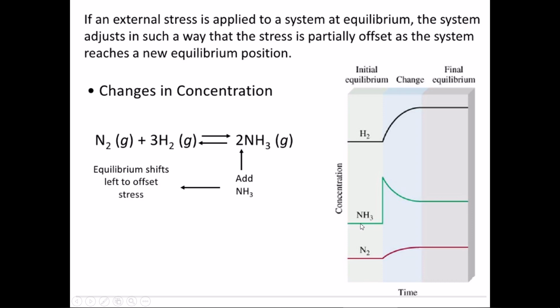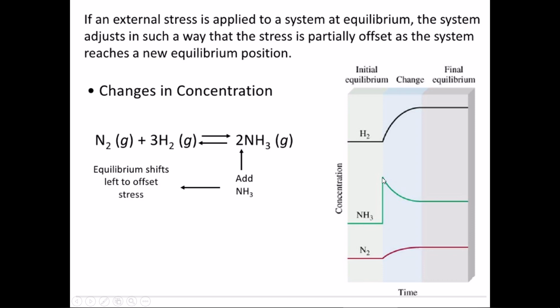So we have constant concentrations while our reactions are at equilibrium. Alright, now we're going to disturb the equilibrium by adding ammonia. So we're going to spike in ammonia here, so we see the concentration jump up dramatically. And then we see the concentration start to gradually decrease.